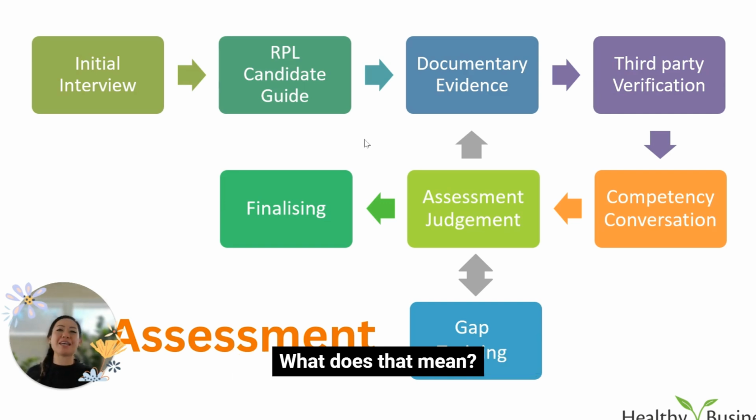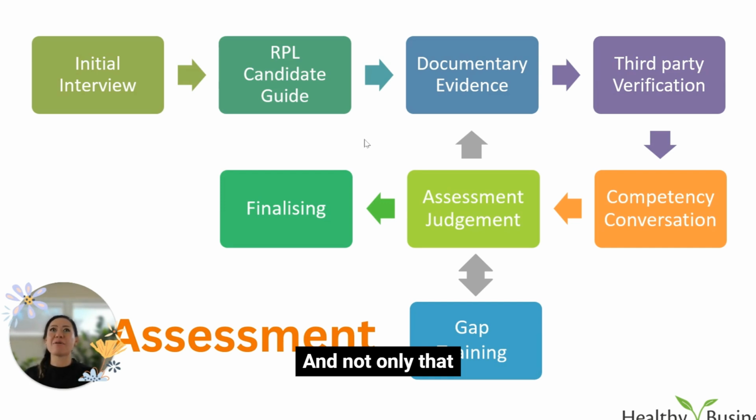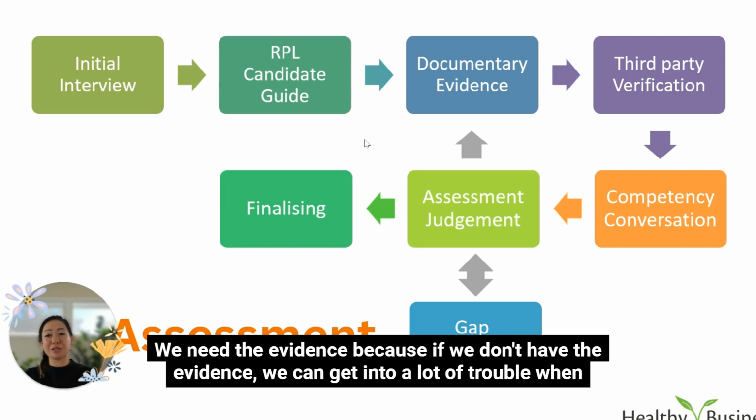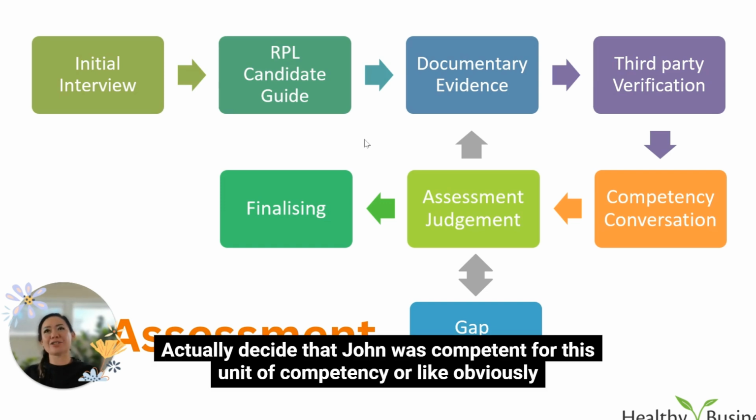What does that mean? It's saying, hey, this is an RTO. We have processes in place. We need to make sure that you really are competent today, current, and not only that, but where is the evidence, right? We need the evidence, because if we don't have the evidence, we can get into a lot of trouble when someone asks, hey, how did you actually decide that John was competent for this unit of competency?